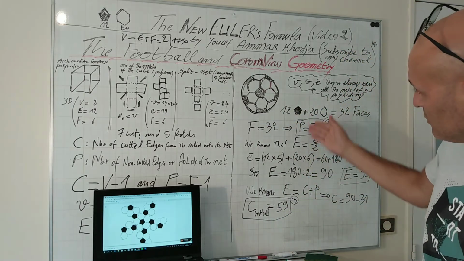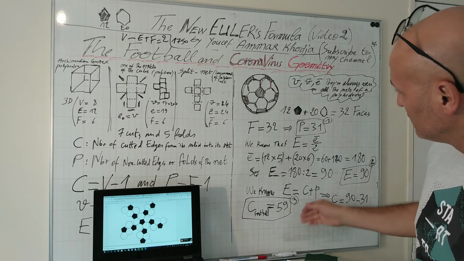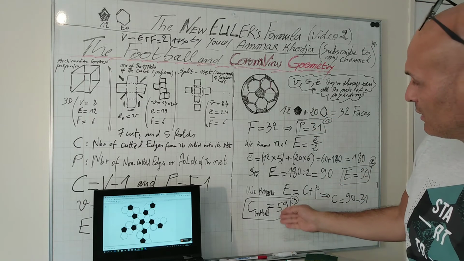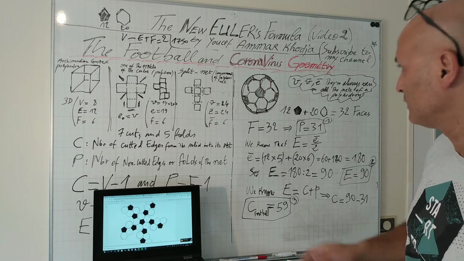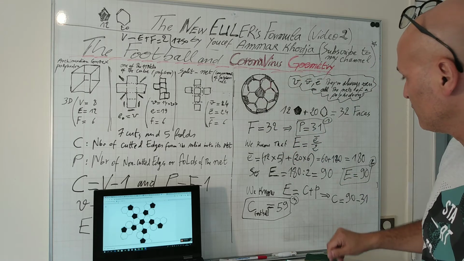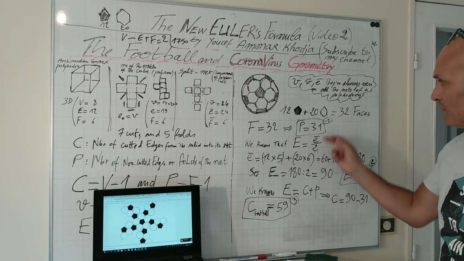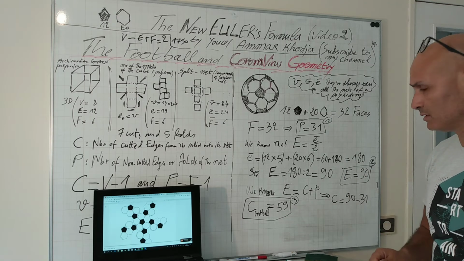And of course, the number of cut edges added to the number of non-cut edges makes the total of edges of a football, which is 90. 31 plus 59, 90.